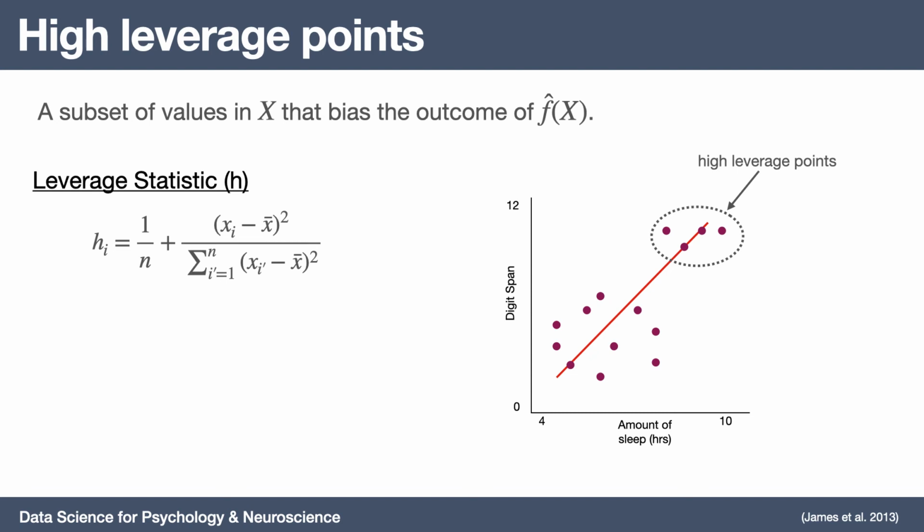So you take out an observation, you calculate the deviance or the difference from that observation and the mean of x, and compare that to essentially the sum of all the other differences for all the other observations except the one of interest. What this means is that you calculate a leverage statistic for every unique observation that you have.